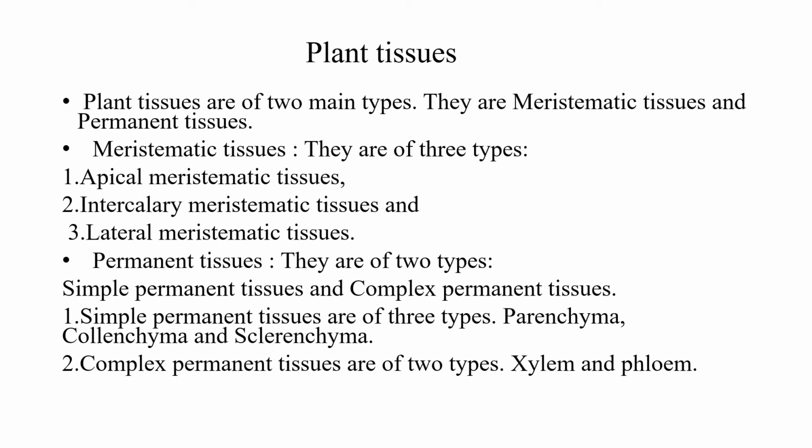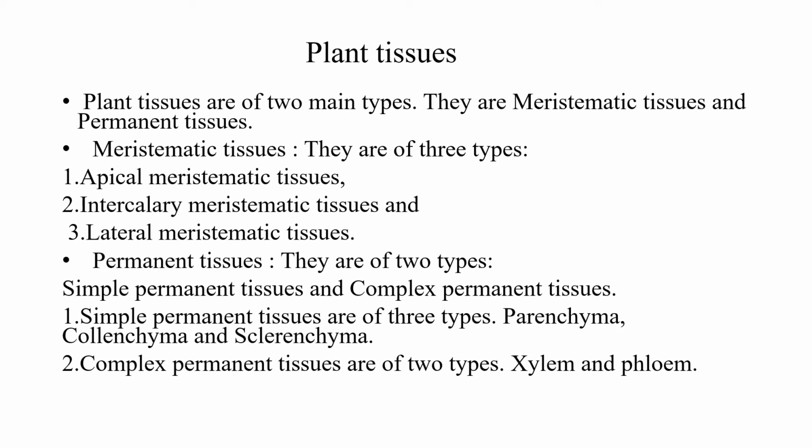Plant tissues are of mainly two types, meristematic tissues and permanent tissues. Under meristematic tissues, there are three types, that is apical meristematic tissue, intercalary meristematic tissue and lateral meristematic tissues.